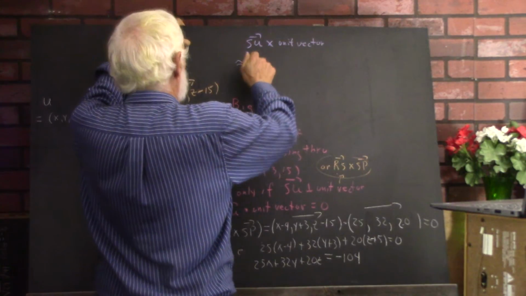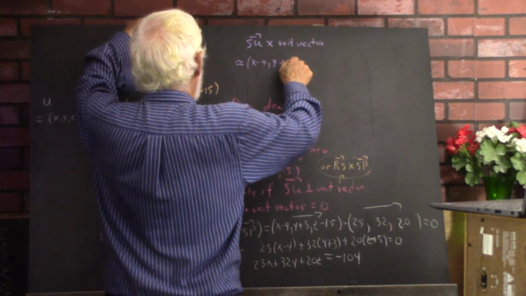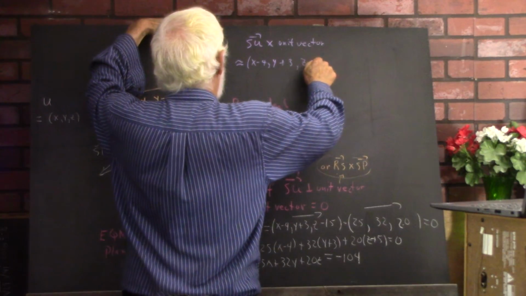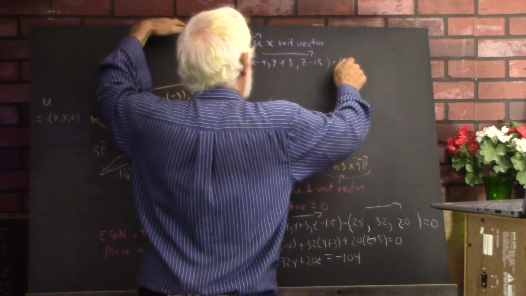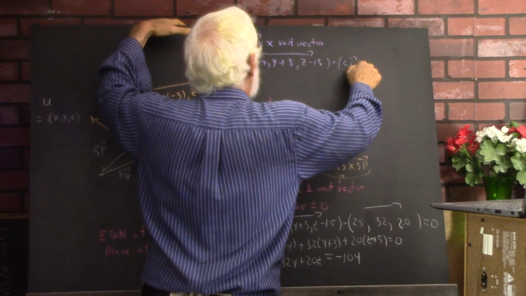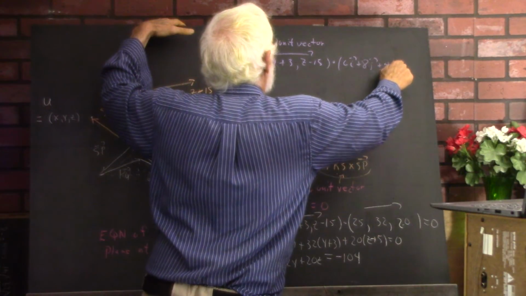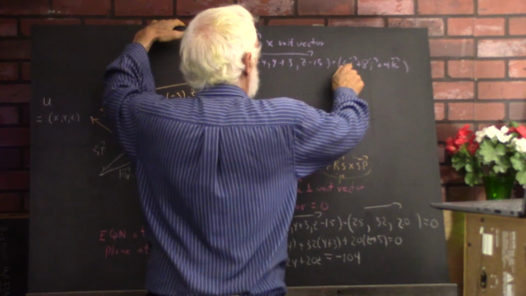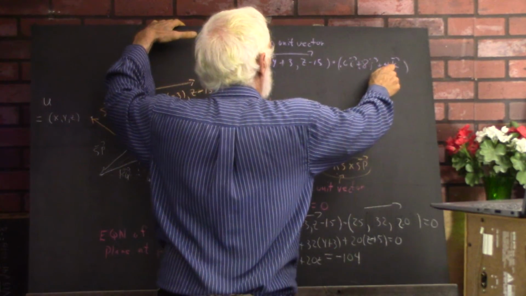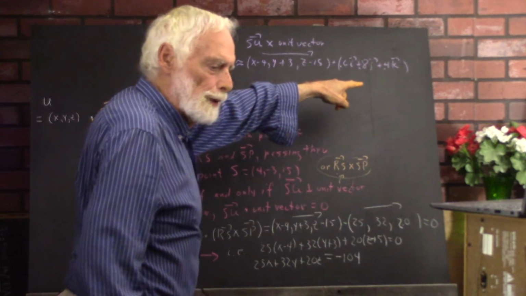So that would be x minus 4, y plus 3, z minus 15, dotted with 0.6i, 0.8j, 0.4k, which is close to being a unit vector.